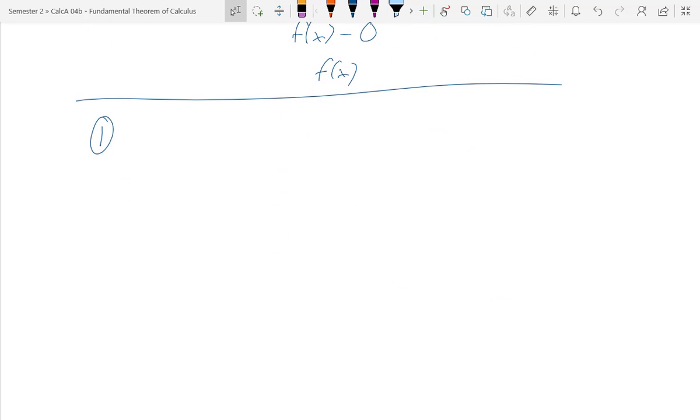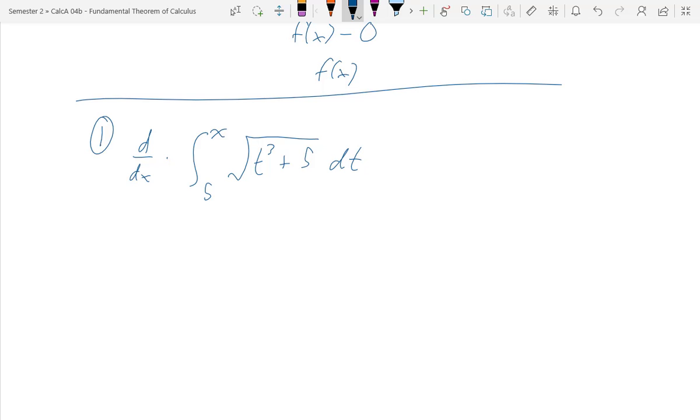All right, so first thing. A lot of the first early problems you're going to do are just going to be finding derivatives. So I'm going to do the derivative from 5 to x of root t cubed plus 5 dt. There's a hard way to do this and an easy way to do this.